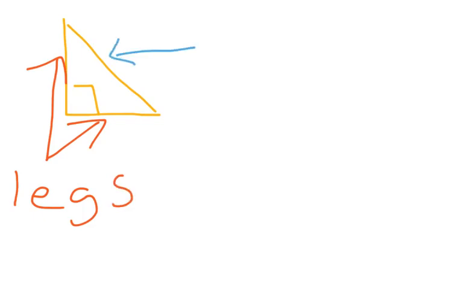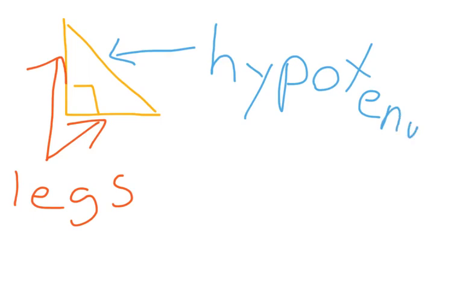And this side over here, that's across from the right angle, this is what's called the hypotenuse. And I know that's a $5 word, as some people would call it, but it's a hypotenuse. And so the legs are interchangeable. It can be leg A, leg B, you can switch those around. But again, this one is always the hypotenuse. The one that's across from that perfect corner is always considered the hypotenuse.